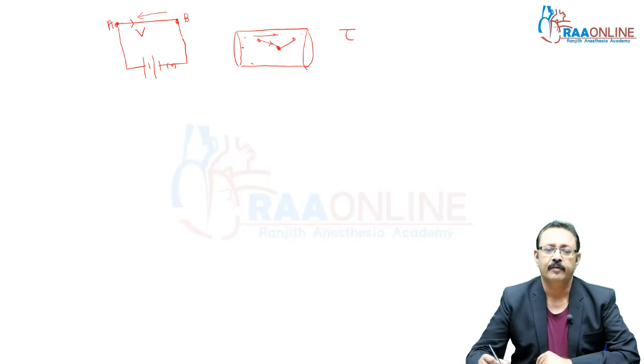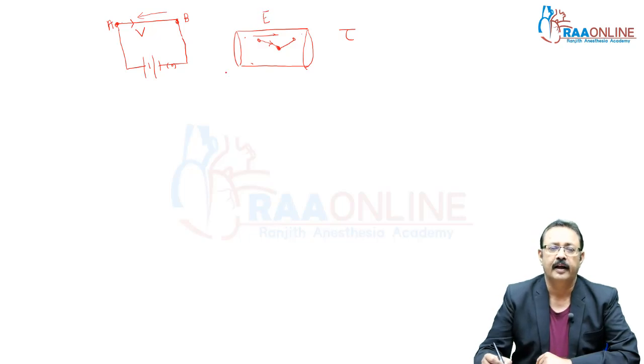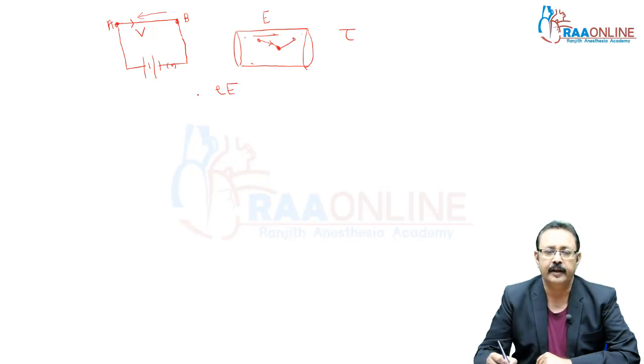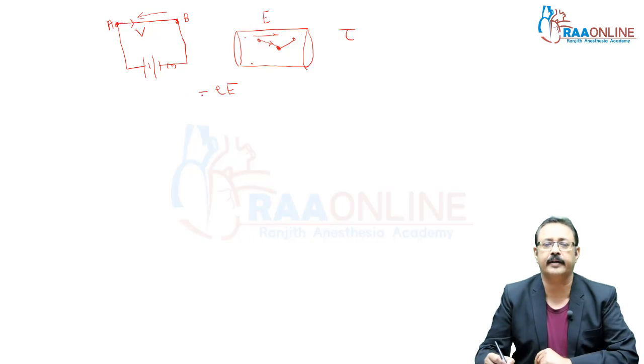You know that when you apply a potential difference across the ends of a conductor, you develop one electric field, and the electron will experience a force due to this electric field in the opposite direction of the electric field. It means this force will develop one acceleration.